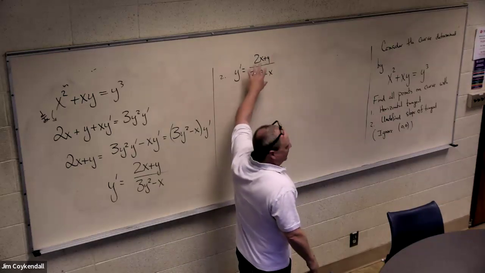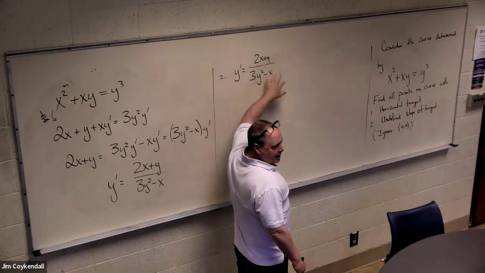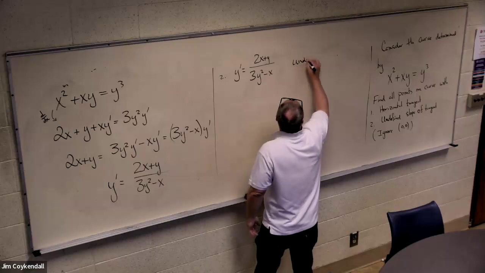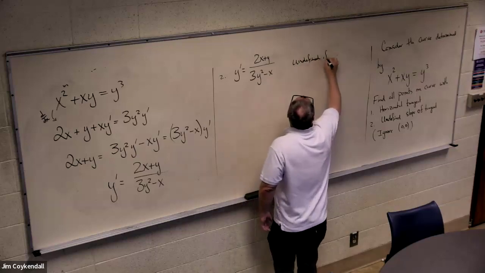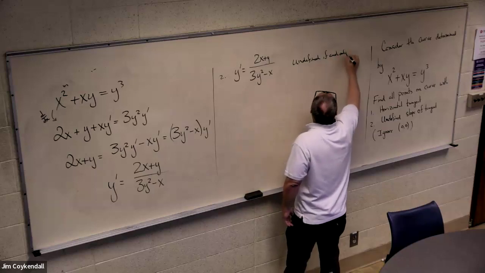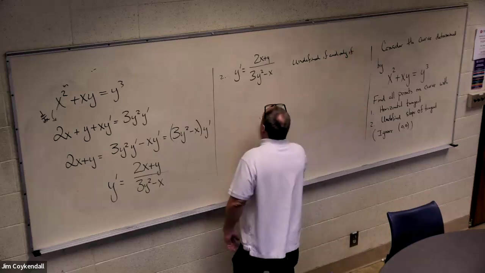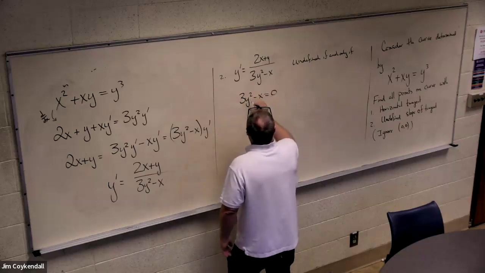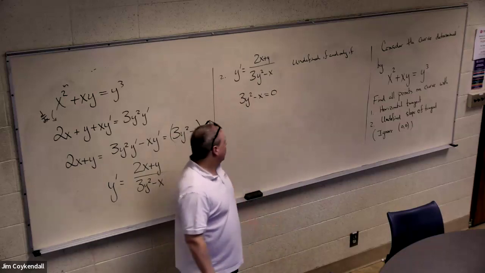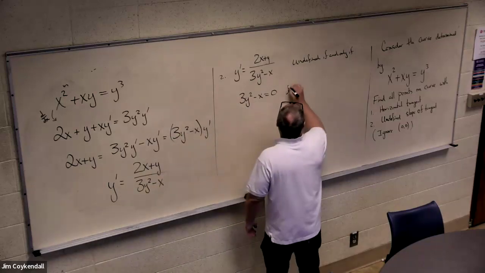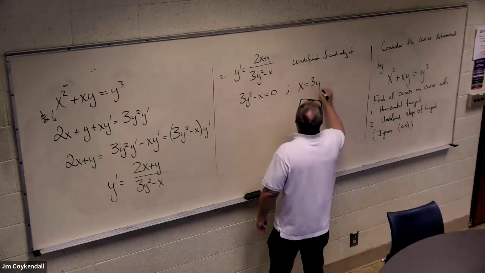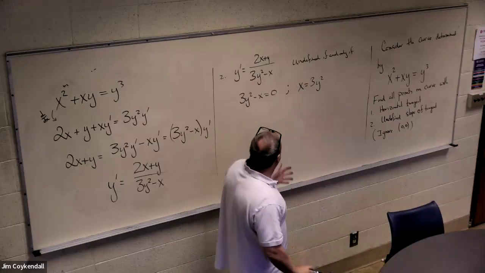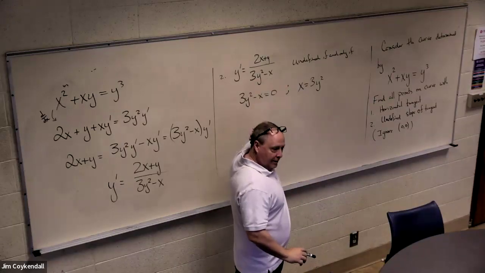Notice, this is always defined unless that bottom is zero. So it's undefined only if the x coordinate is 3 times the square of the y coordinate, then you get 0 at the bottom, right?